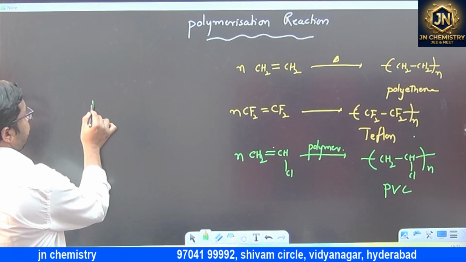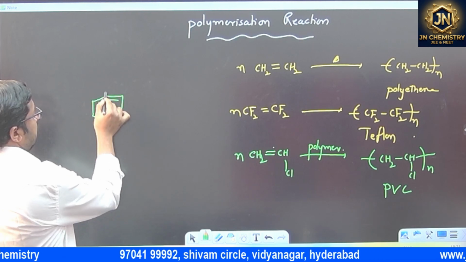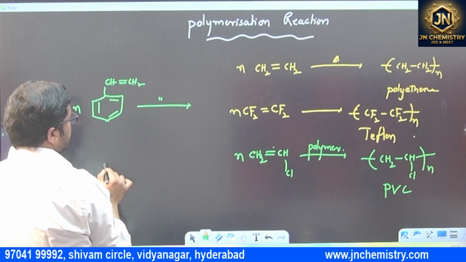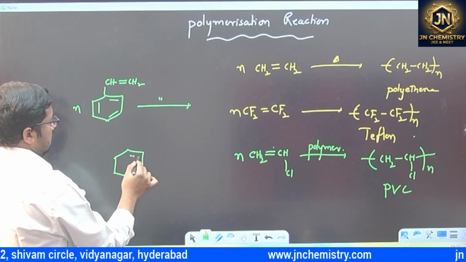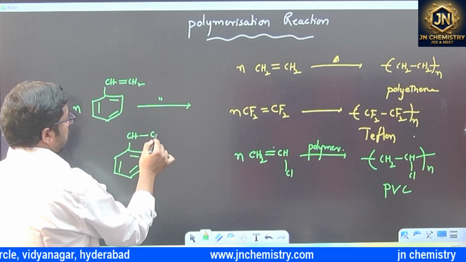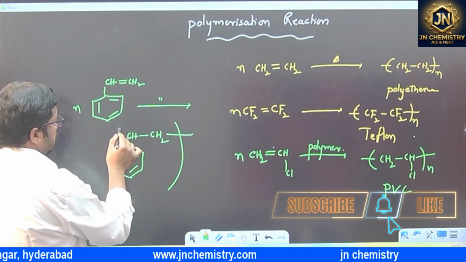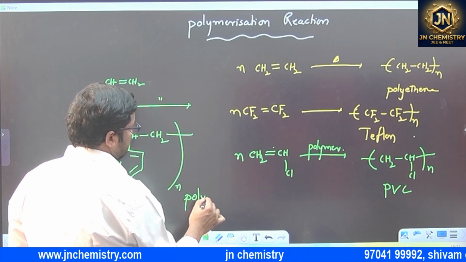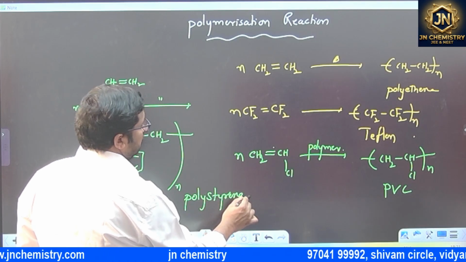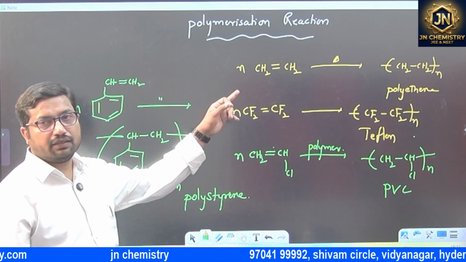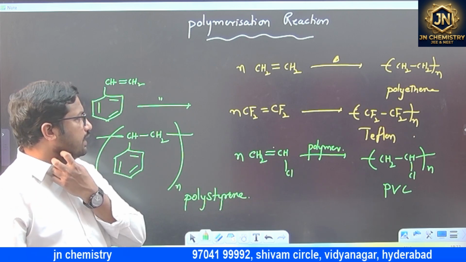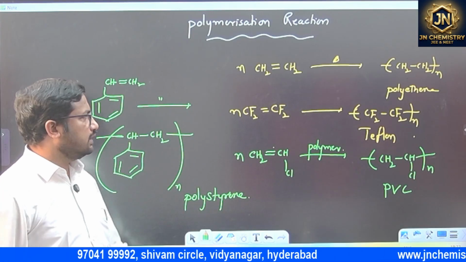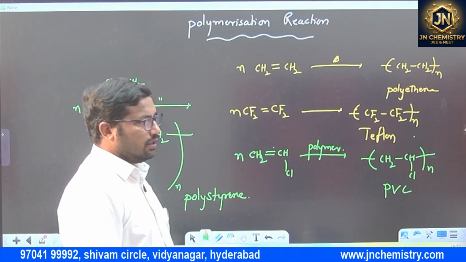Styrene, CH=CH2, on polymerization gives polystyrene. Polythene, polyvinyl chloride, polystyrene. This is Teflon coating. For cars or bikes they use this coating, called Teflon coating. Write it down.